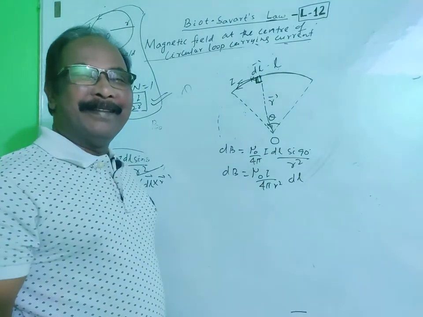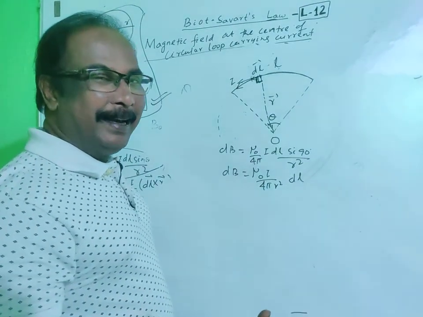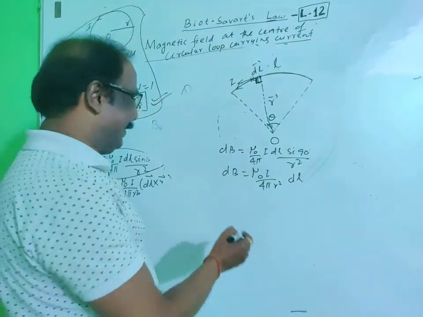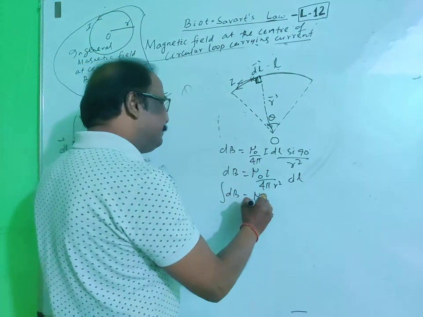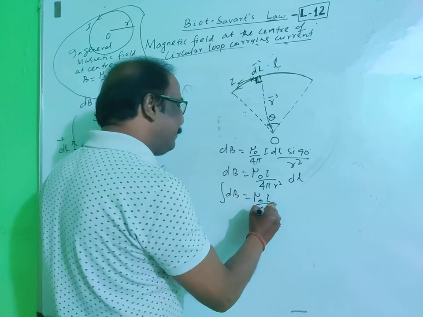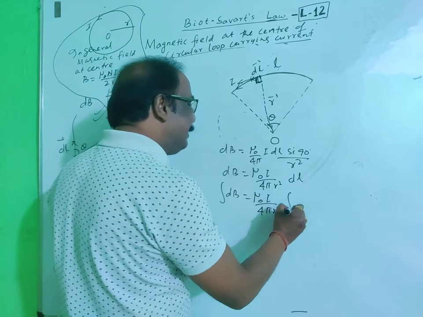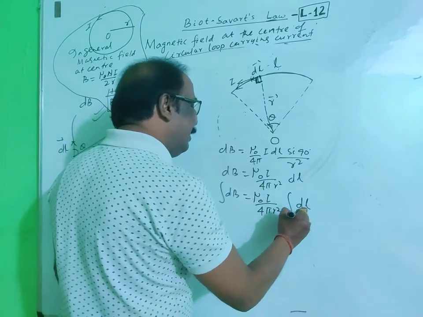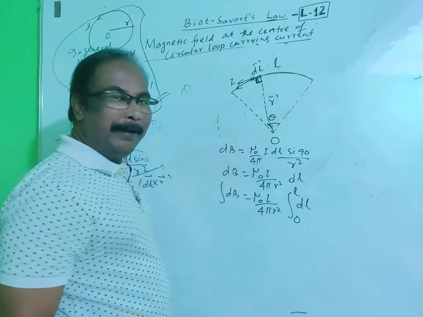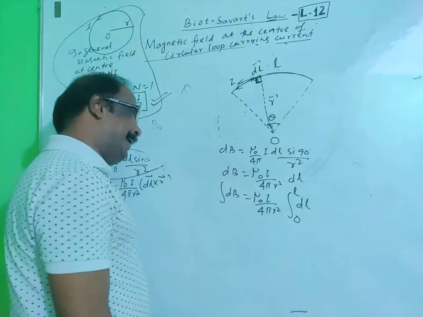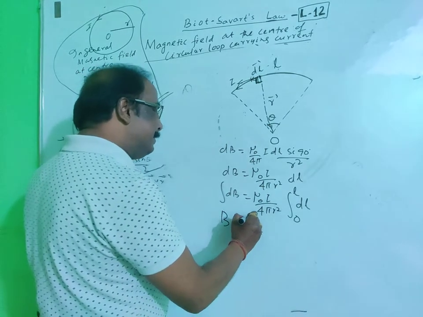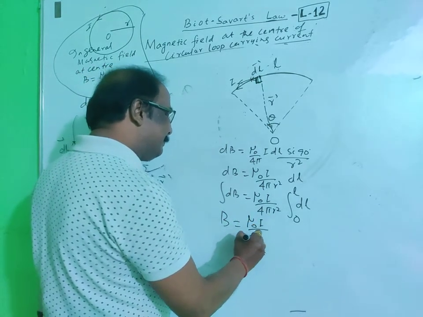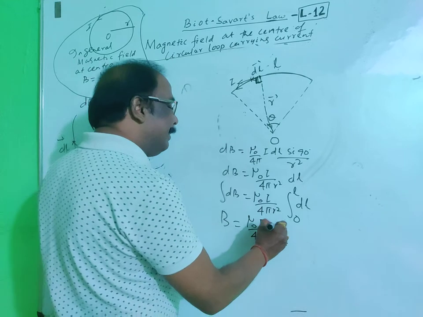Then simpler. To get total magnetic field, let's integrate both sides. Then integration of dB is equal to mu naught I by 4 pi r square into integration of dl. Length varies from 0 to L. Then integration of dB is B. Mu naught I by 4 pi r square.